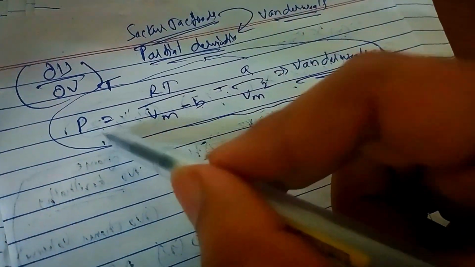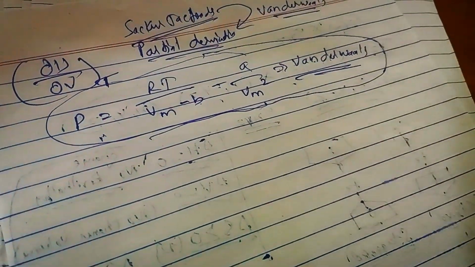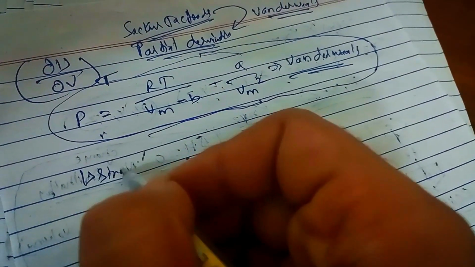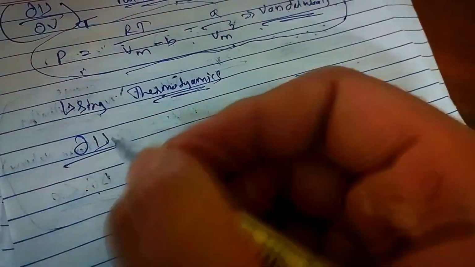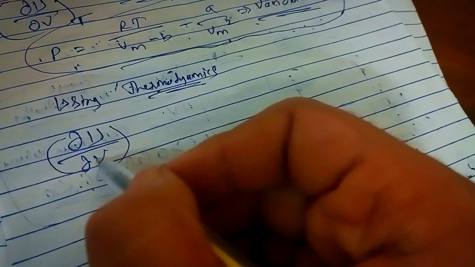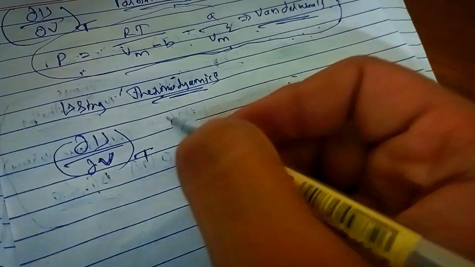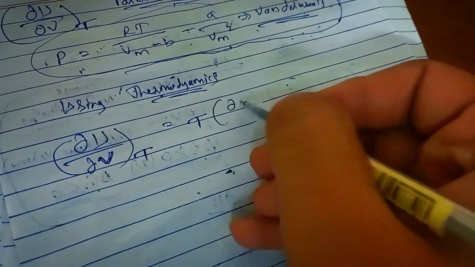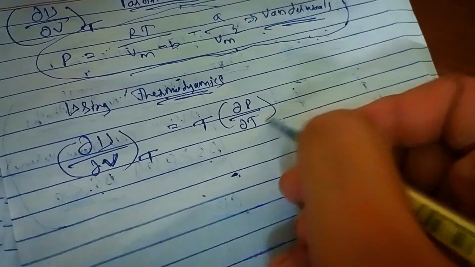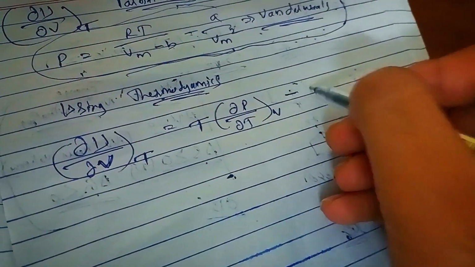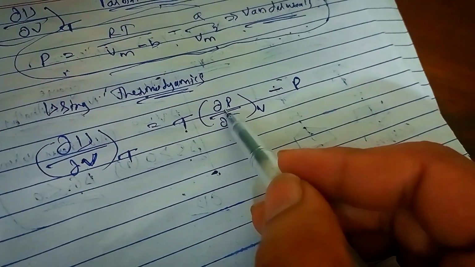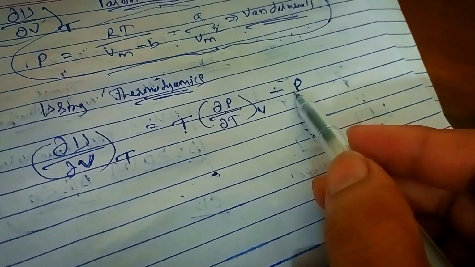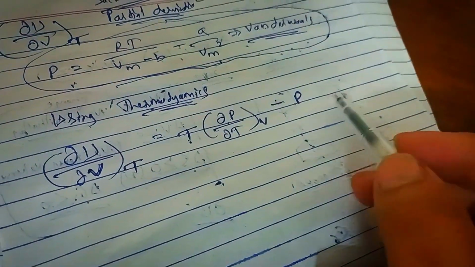So using thermodynamics, dou U by dou V at constant T is equal to T into dou P by dou T at constant V, minus P. Once we keep temperature constant and differentiate pressure, and another time keep volume constant and differentiate with temperature.